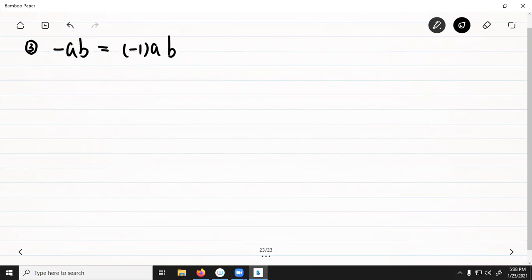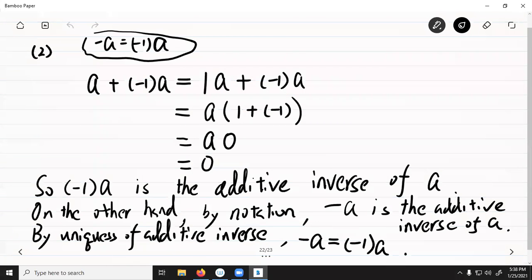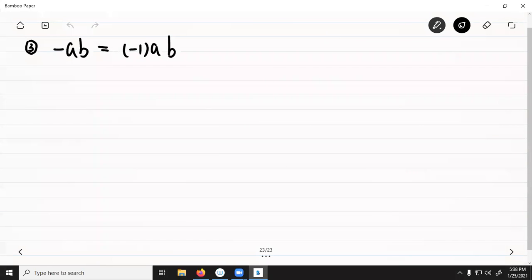Negative of something equals negative 1 times that number, right? This is the one we already have. Now our A becomes AB. So negative AB equals negative 1 times AB, right? We just replace this box. Negative of a box equals negative 1 times that box, right?